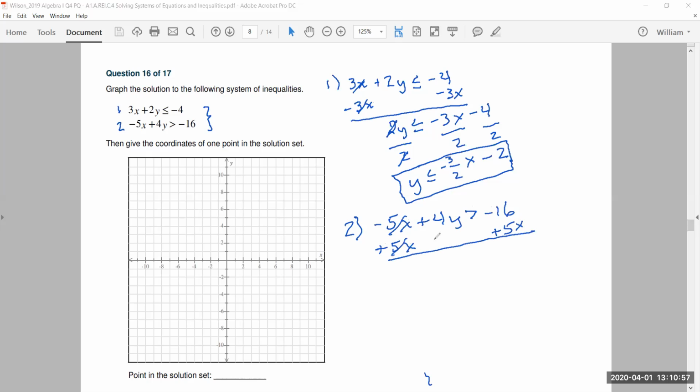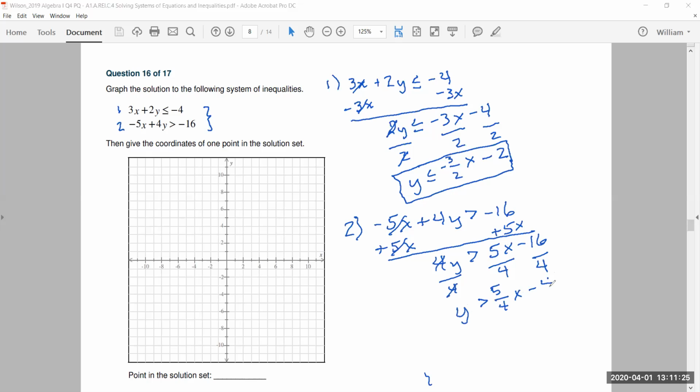That goes to 0. Then we have 4y is greater than 5x minus 16. So if I divide both sides by 4, then 4 divided into 4, we get y greater than 5/4 x minus 4.